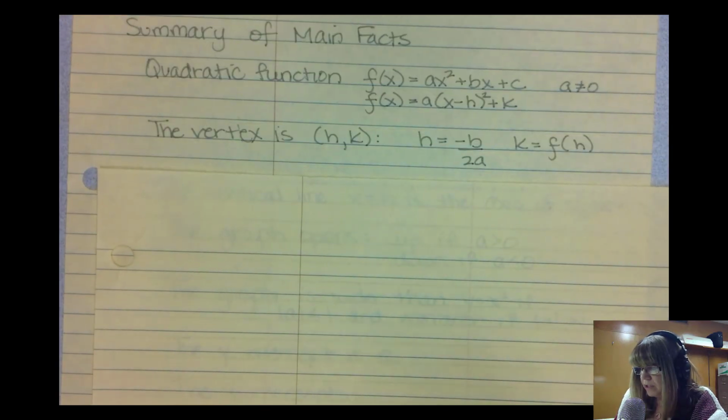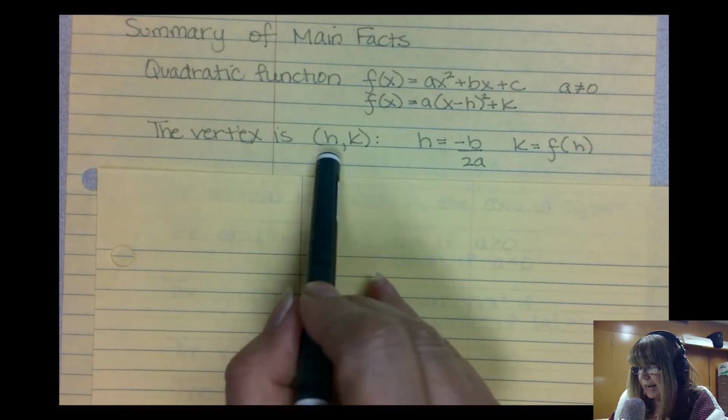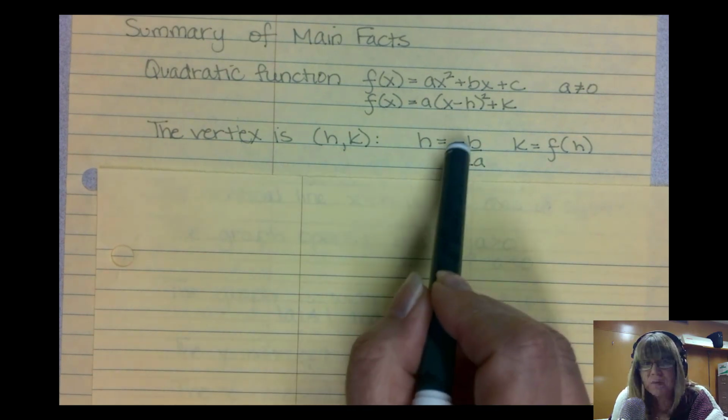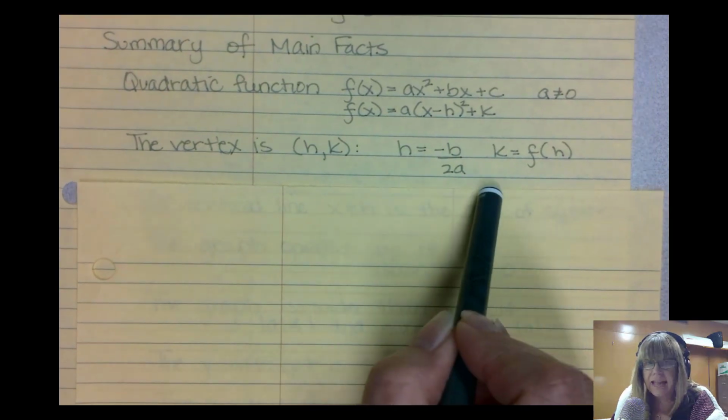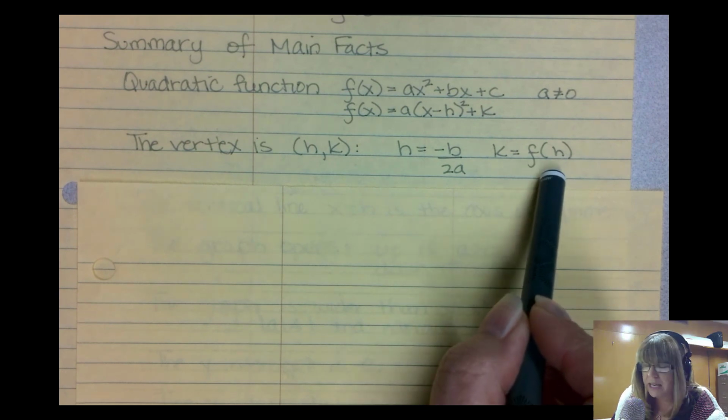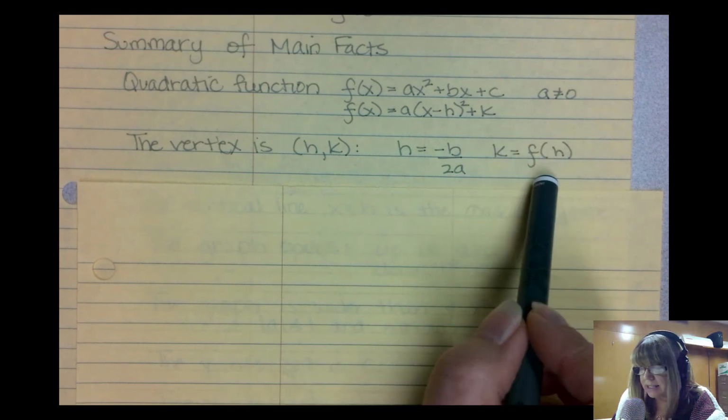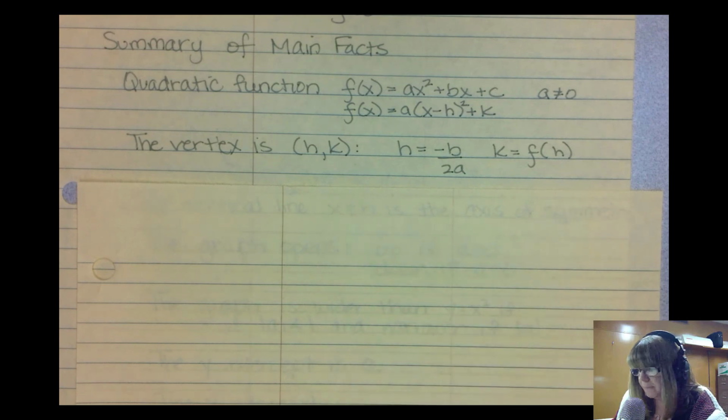We also know the vertex is at (h, k), where h is negative b over 2a, and k is our function evaluated at h. I find that's the easiest to go versus that other formula.